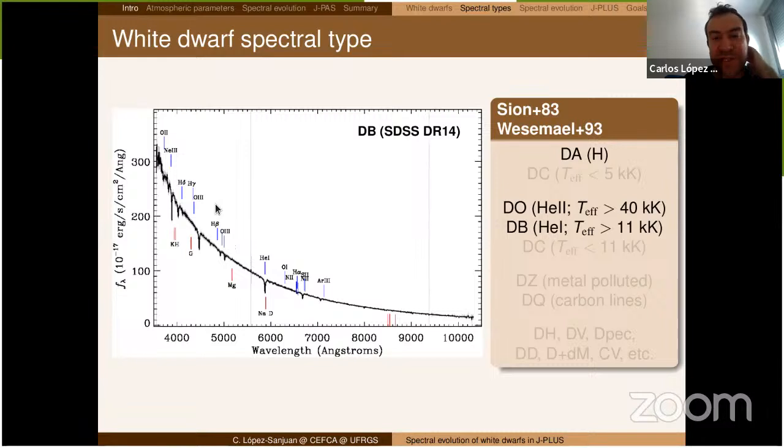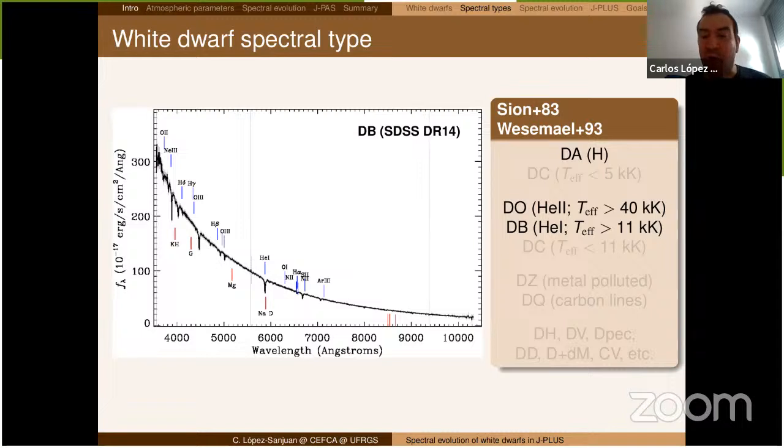We also have what is called DBs. DBs are those in which we see helium lines, so they are helium-dominated atmospheres. So the lines that we see are of helium. Helium-1 is called DB. If you are in a very hot system, you don't see the helium-1, but you see the helium-2 absorption line, and it's called DO. So DOs have temperatures above 40,000 Kelvin, and DBs above 11,000 Kelvin, more or less.